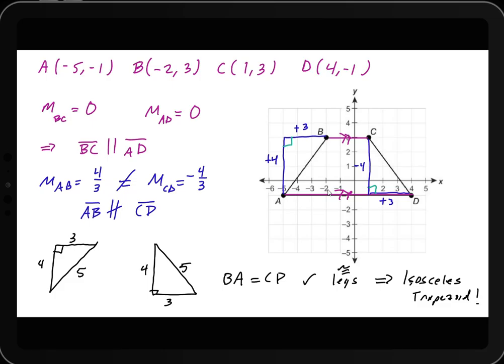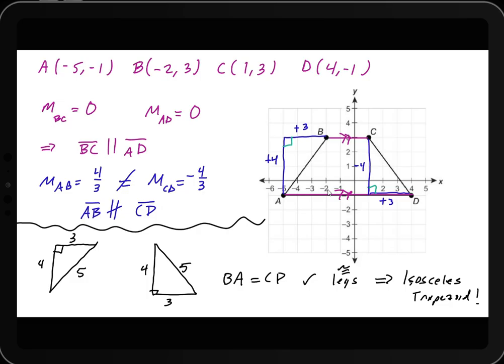We proved that it's a trapezoid in the work above in blue and red, and the work below confirms that those leg lengths have to be the same because they both possess the same hypotenuse length, and therefore it would have to be an isosceles trapezoid. That certainly is one way that you could verify it.